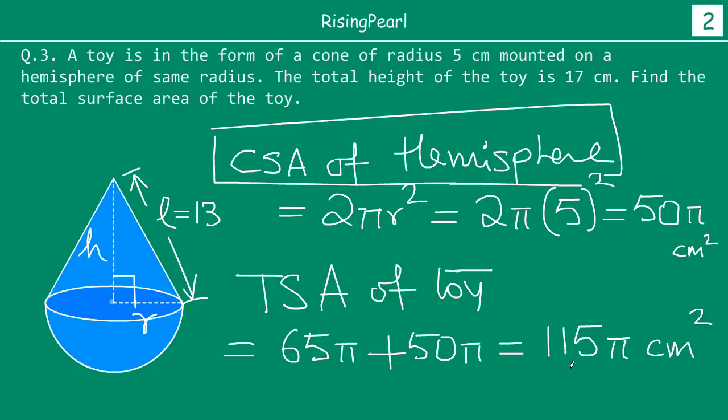I'm not going to simplify this anymore, but you can definitely do it on your own. Just replace pi by 22 by 7 or 3.14 and calculate the decimal value. But this is the answer, this many centimeter square is the total surface area of the toy.